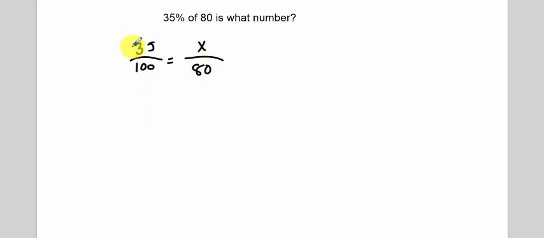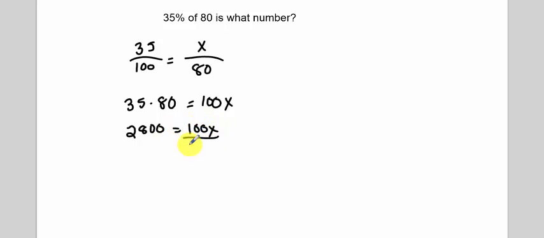And once again, cross product: 35 times 80 is equal to 100x. We get 2800 is equal to 100x. Divide both sides by 100, and we end up moving the decimal place over.